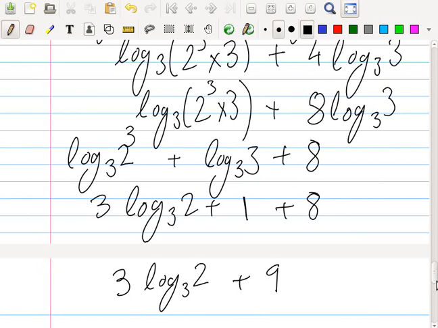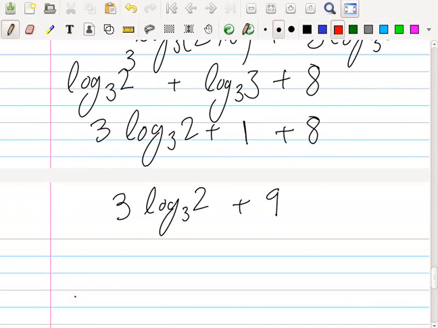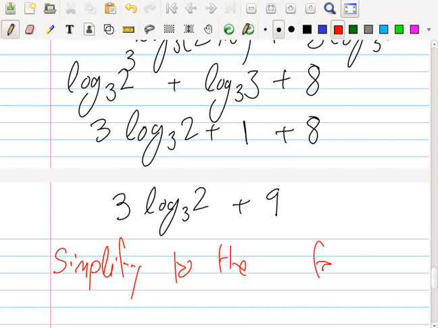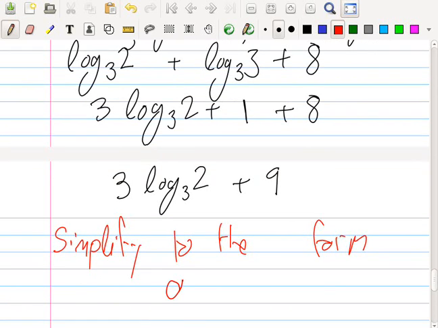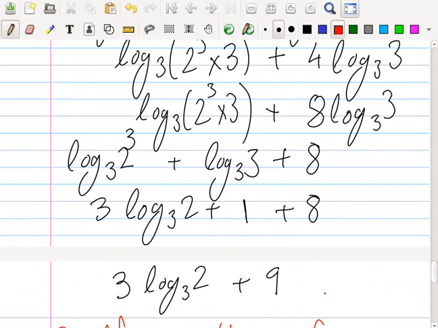Okay. So if you want, you can rewrite the question to say simplify to the form A log 3 2 plus B, if you want to change that question.